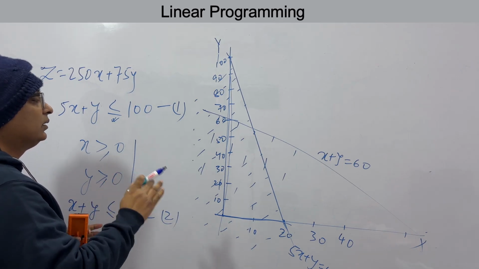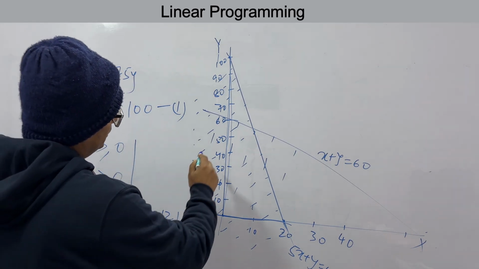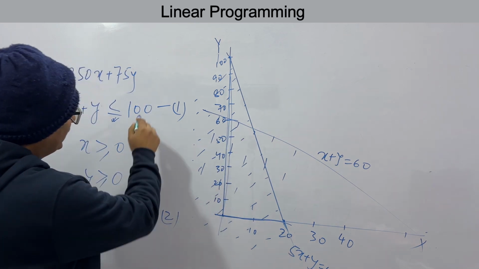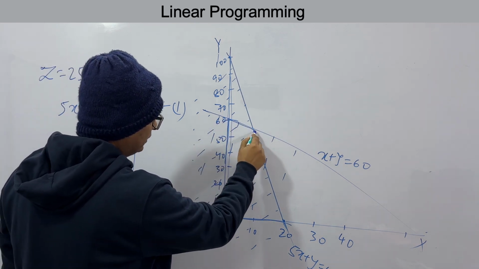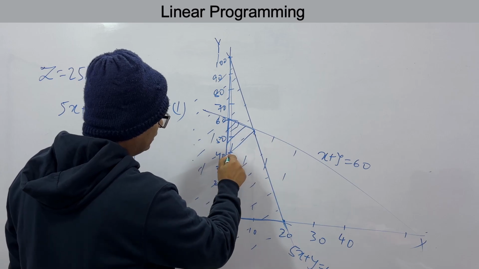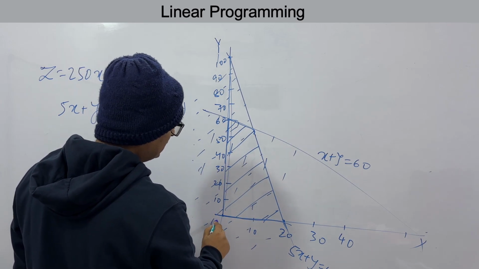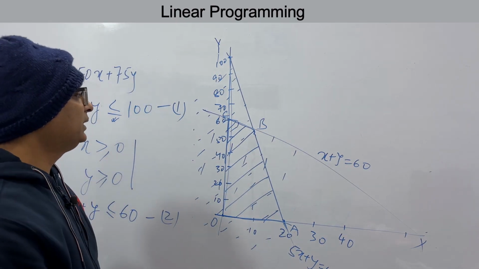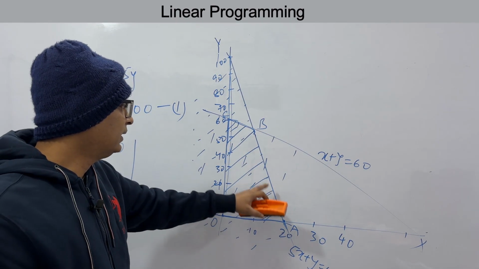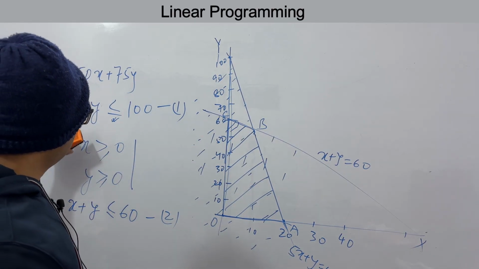So finally, the area that covers all these inequalities is this area. See, this one, this area. Let's say these are the points. We say this is O, this is A, B, C. So O, A, B, C, this is the area that satisfies all these inequalities. 1, 2, 3, 4.